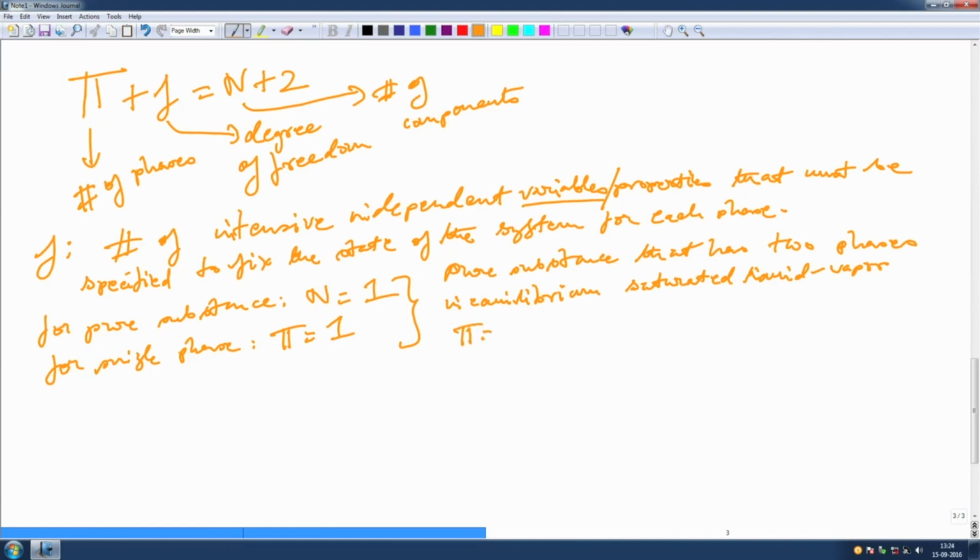In those cases, this is equal to 2, n is equal to 1, leads to the degree of freedom F equal to 1. So, that implies that only one intensive independent property needs to be specified to determine the state of the system, correct. So, for a pure substance which has got two phases, if F is equal to 1, only one intensive independent property is needed.